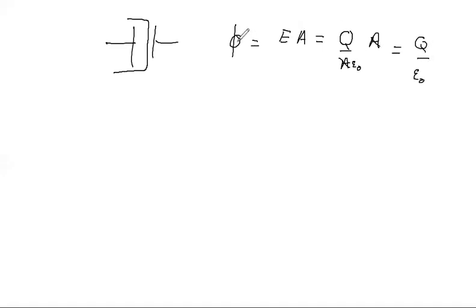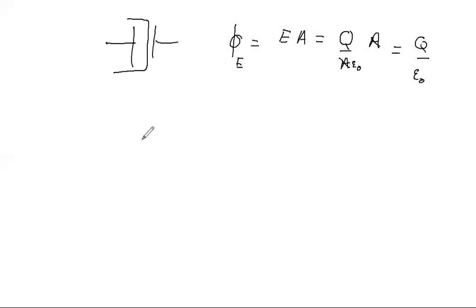So the electric flux through the surface is simply given by the charge on the positive plate over epsilon naught. This would be the electric flux.